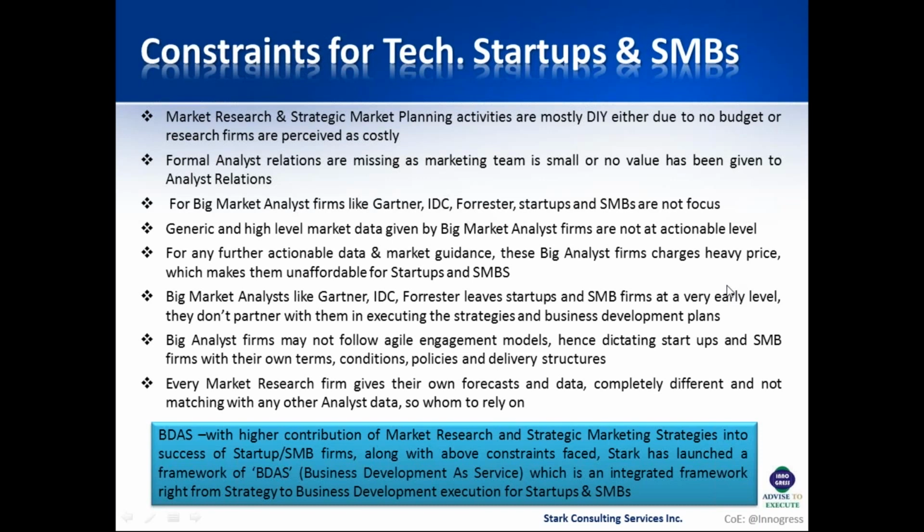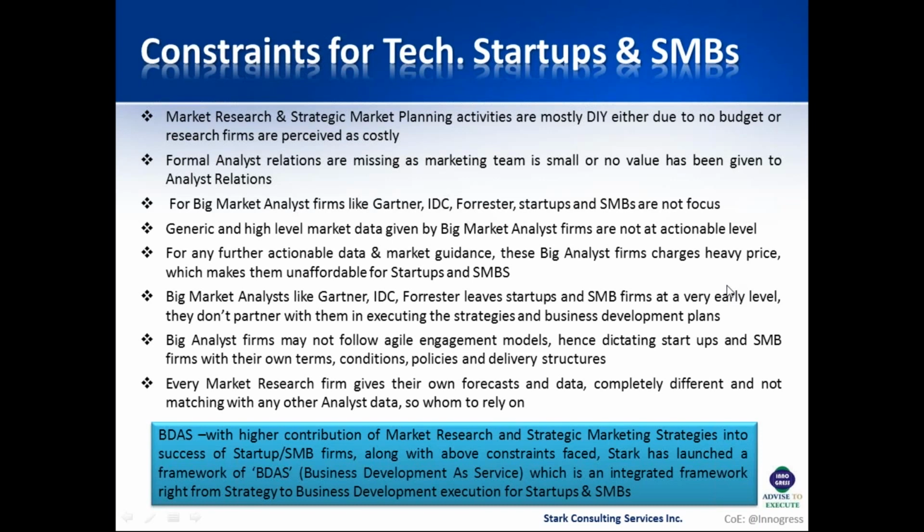They have their own methodology. They come with that and will not listen to you. So if you want agile or mini market research done, they will not even be interested in aligning with you, because they come with their own policy, process, and setup. So the agility will not be there to help you out on your own terms and conditions.